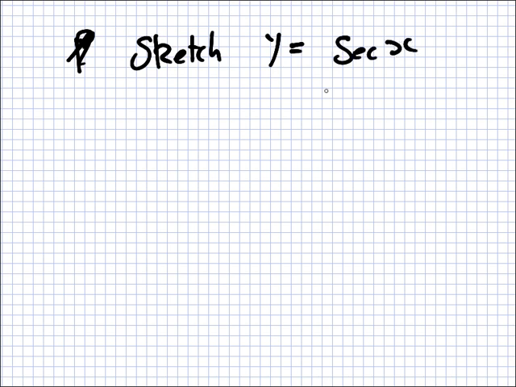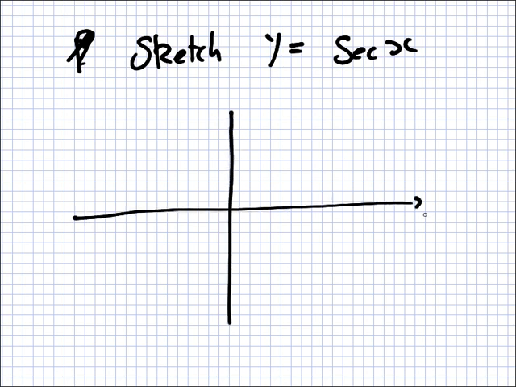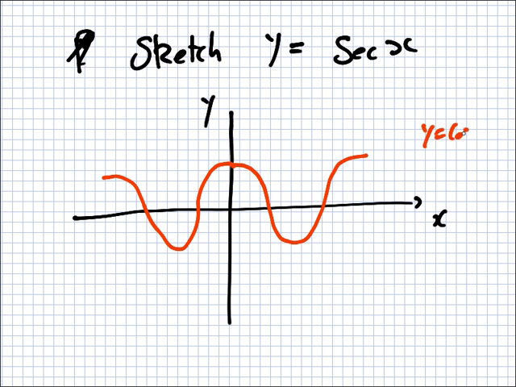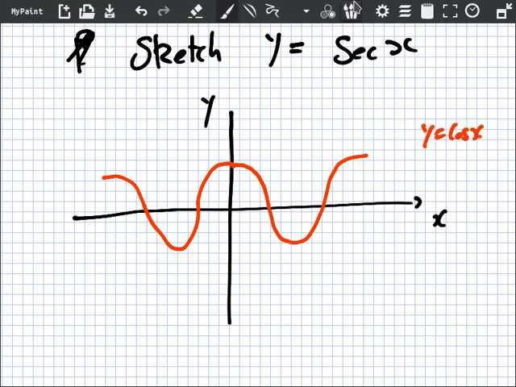Before we draw this, let's try and think about what's happening. What I'll do first is draw cos x. cos x looks like this. This is cos x. Now I want to draw sec x.